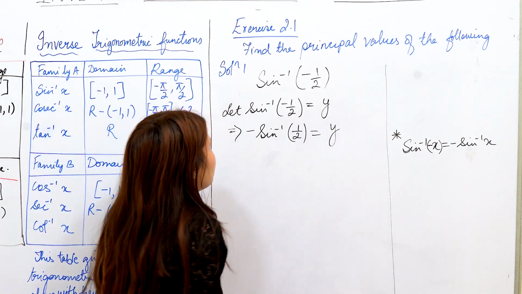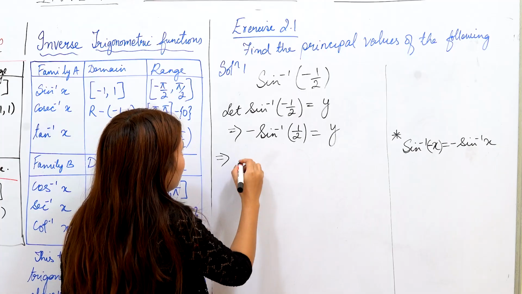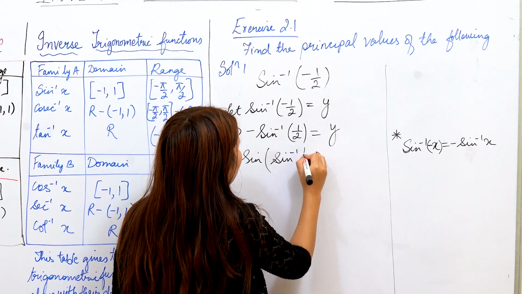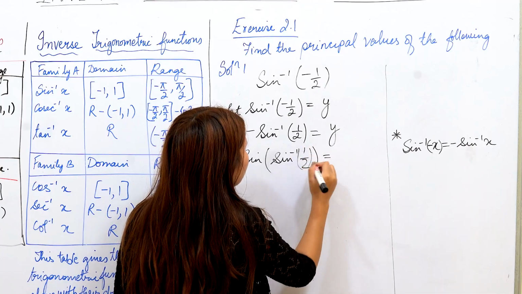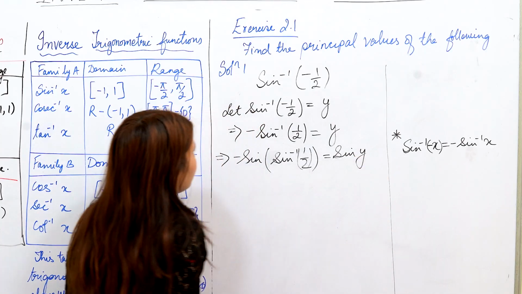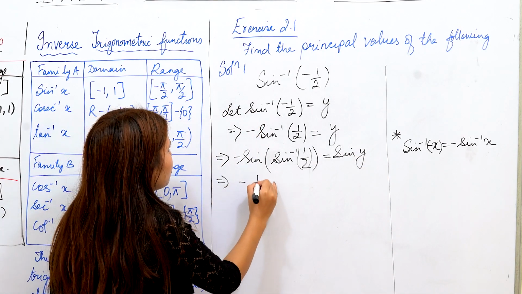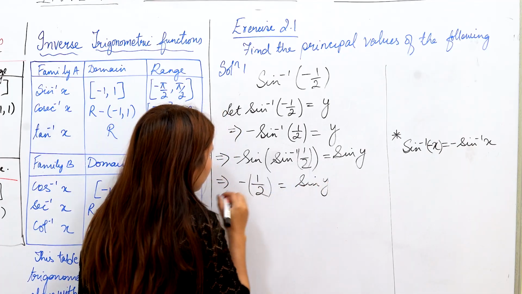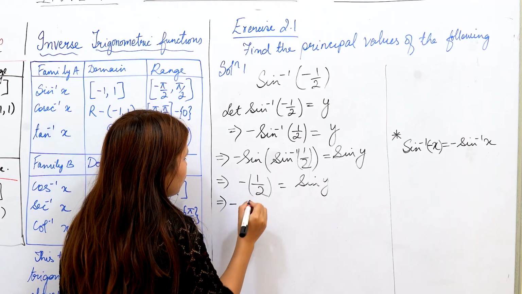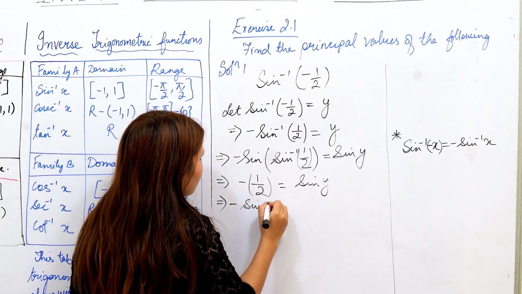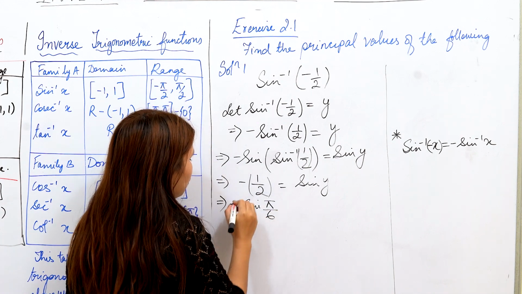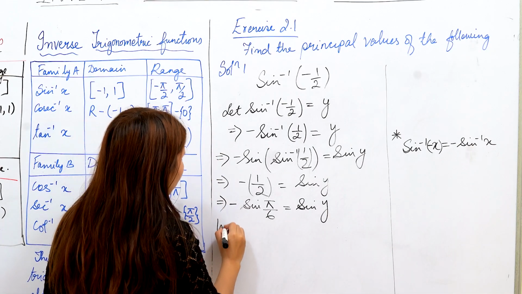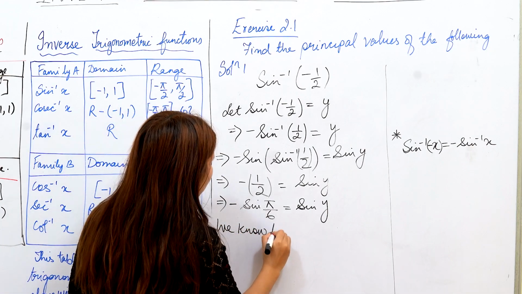Taking sine on both sides, sine y equals minus 1 by 2, and sine of pi by 6 equals 1 by 2.